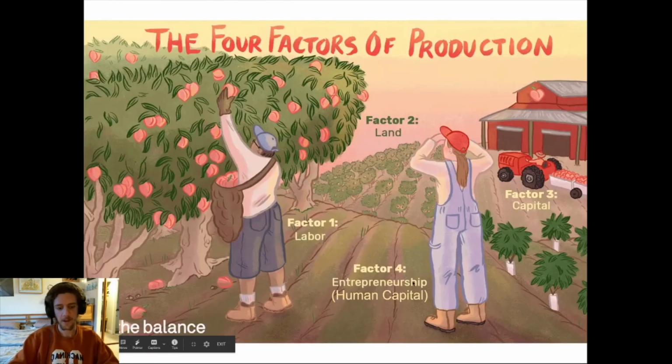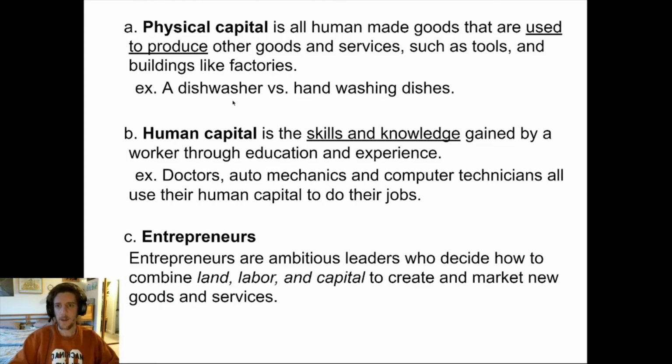It's just that in one case it is quite literally a physical object, and the other case it is represented by human knowledge and experience. We have a name for someone who combines all of these factors of production. That's an entrepreneur. It's someone who takes land, labor, and capital, puts it together, and goes ahead and creates a new good or service. Remember, goods or services are things that we use to fulfill our wants and needs, right?